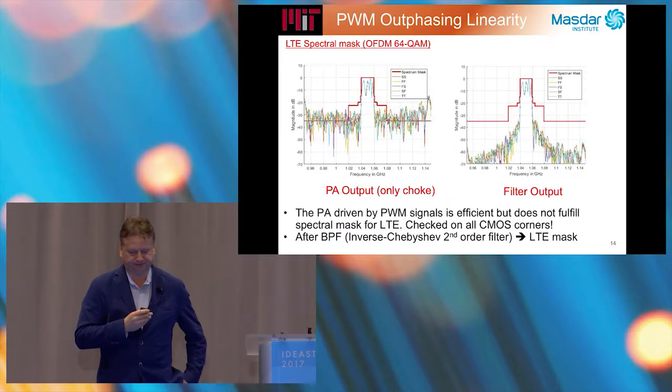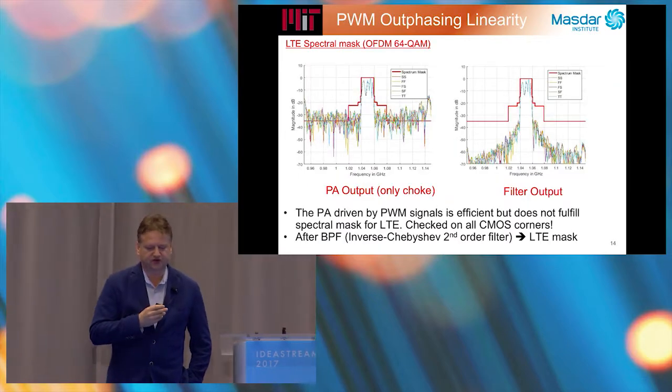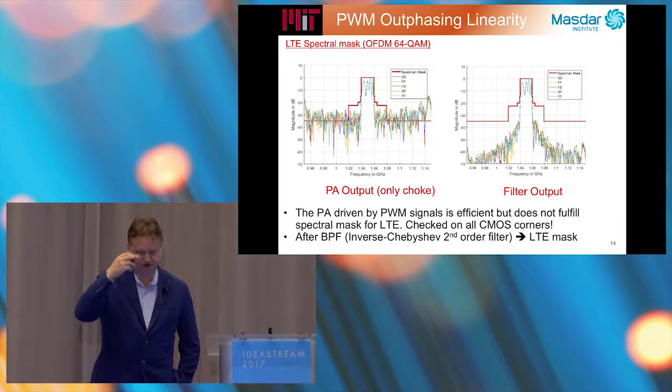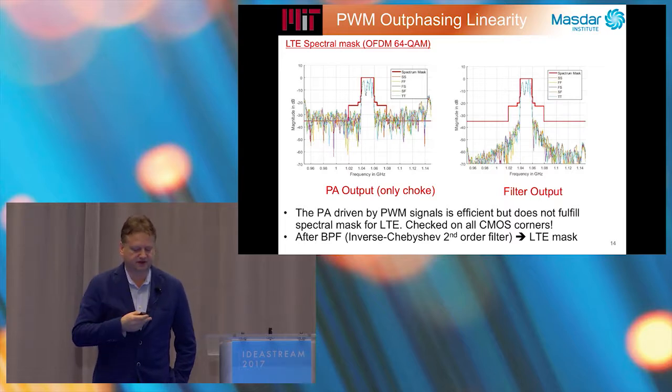In order to compare the two solutions, we take the LTE spectrum mask for an OFDM 64 QAM, which is the most difficult modulation for LTE standards. On the left-hand side, we have the output of the PA with only one choke, and then the filter output, which is a second-order inverse Chebyshev filter.